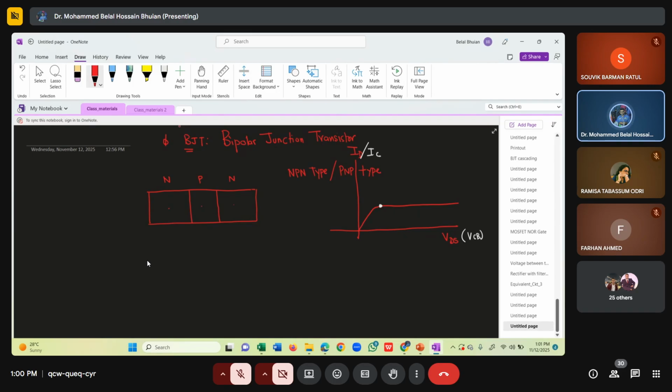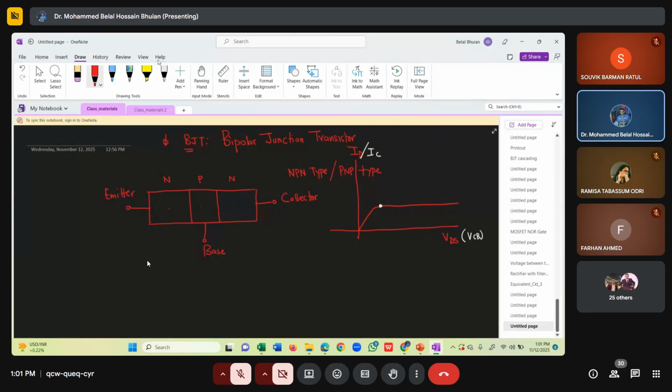Now, if you take three terminals out, terminal 1, terminal 2, and terminal 3, that completes the device. The terminal on the left is called emitter. The one in the middle is called base, and the third one is called collector.